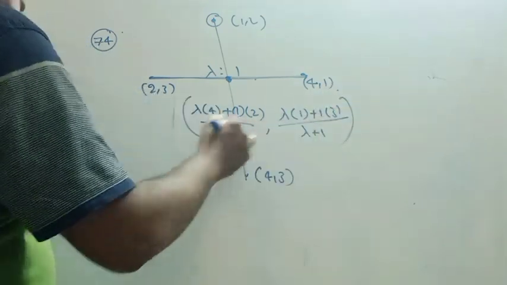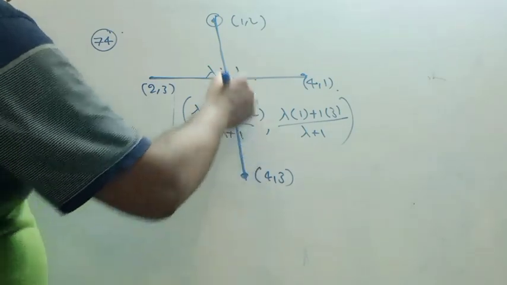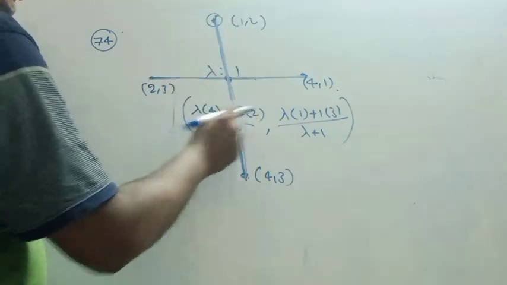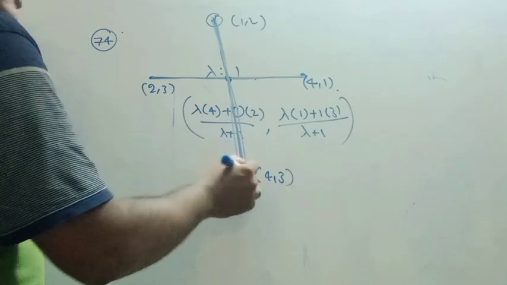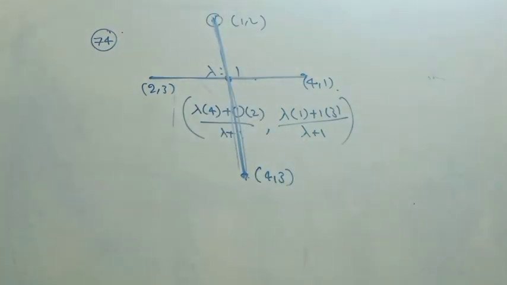Now this point is lying on the line joining the other two points. Just substitute this point in that line equation. You find the line equation, and from that you will get the lambda value very easily. That is the way.